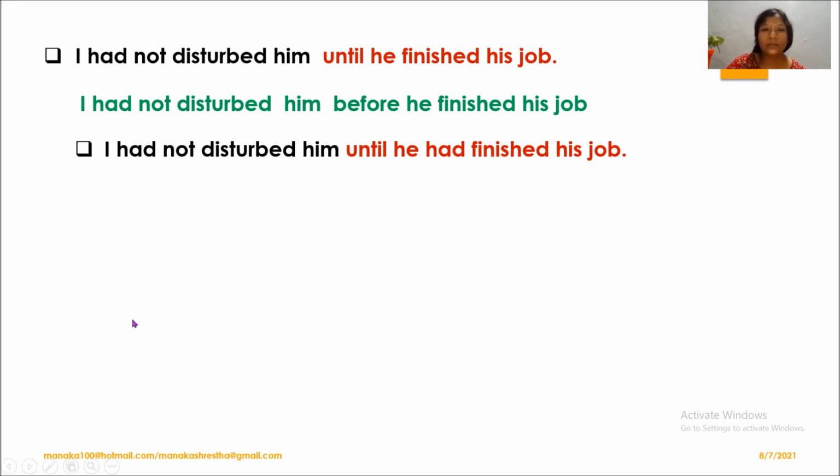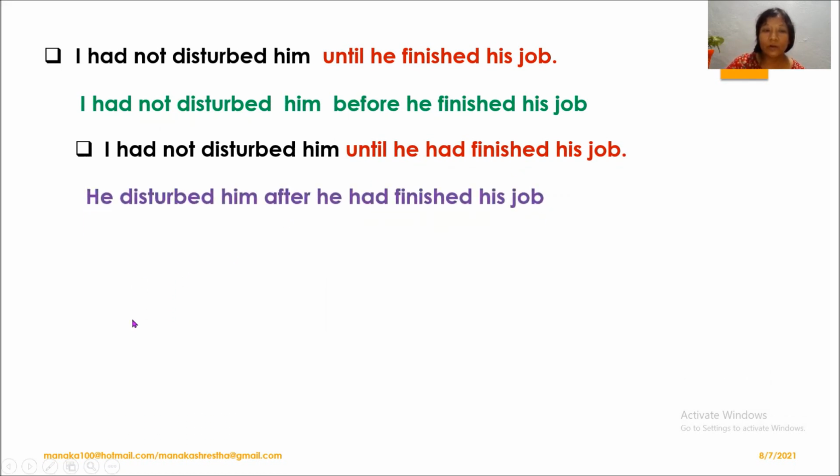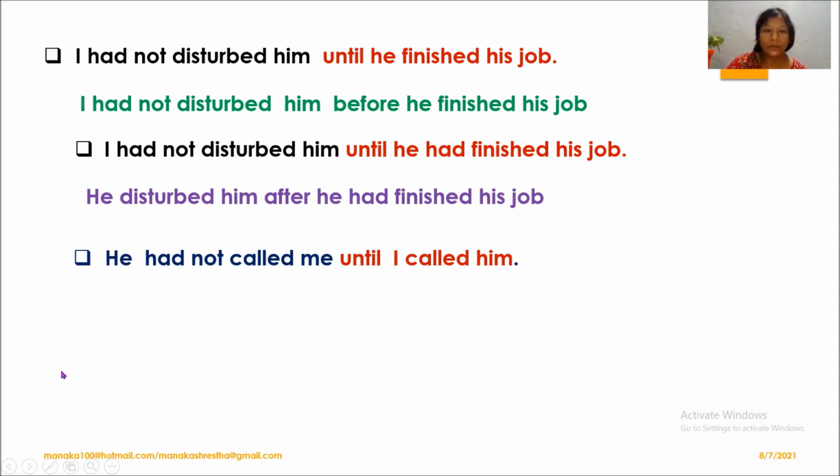Until with past perfect, this means I disturbed him after he had finished his job. Okay, sorry for this.